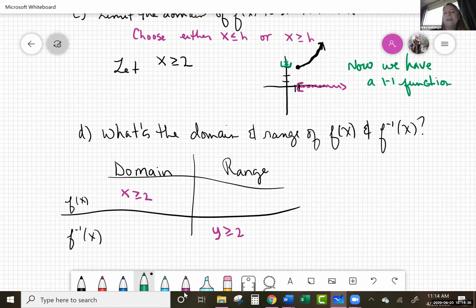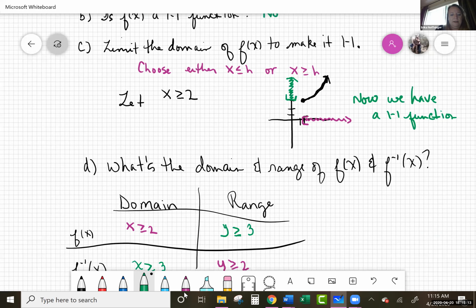We're hitting all y values which are bigger than or equal to 3. And so notice that that's going to be what our domain is, except it has to be written in x values. So x is greater than or equal to 3. So this is going to be helpful when we know what our domain and range is in this instance when we go look for our inverse function.